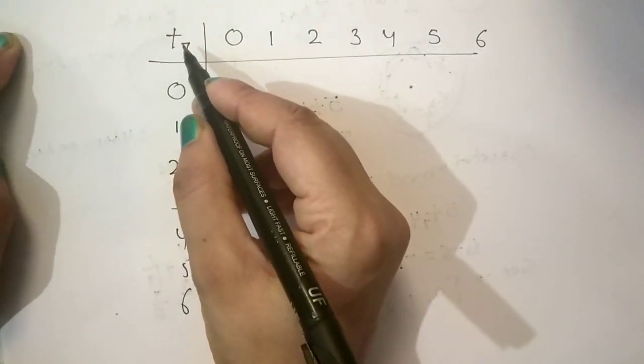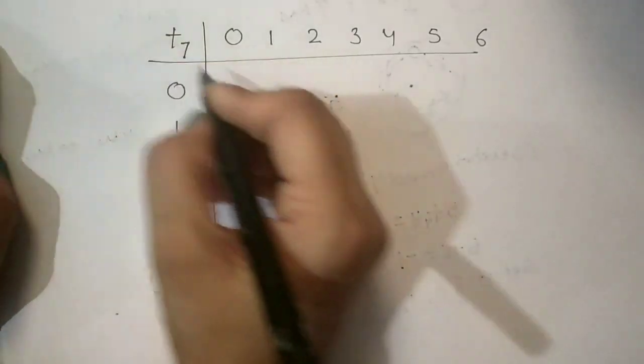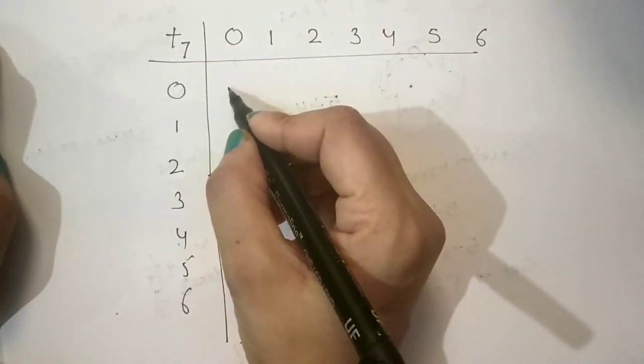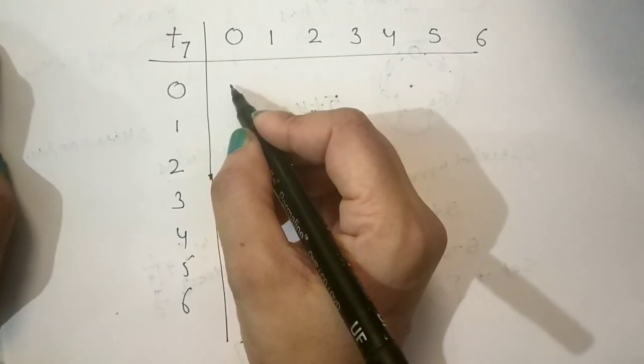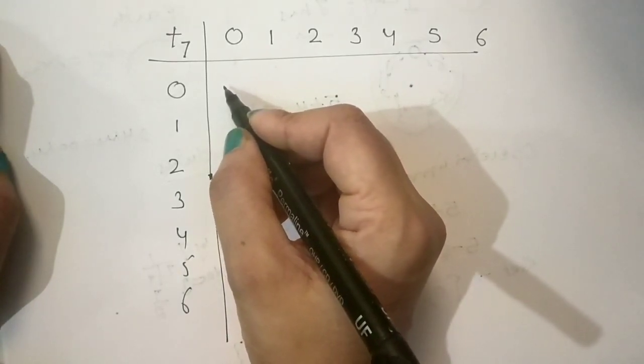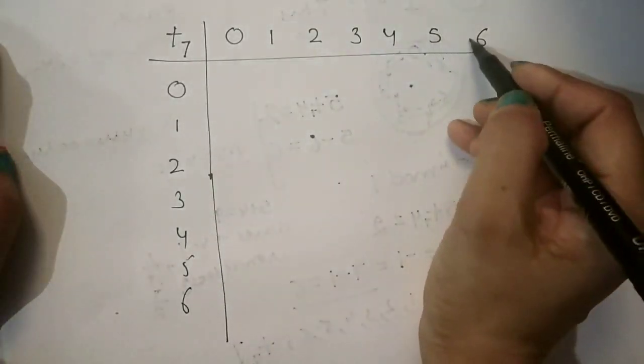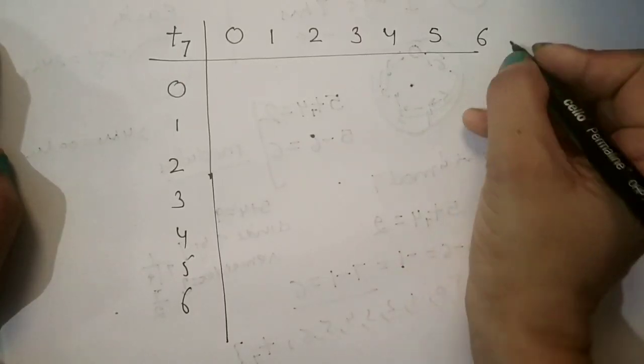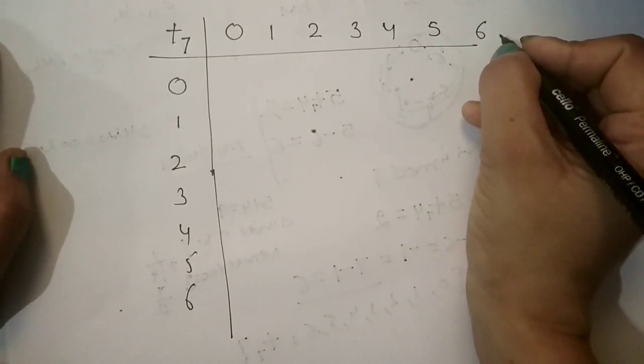Addition modulo 7 works like this: when you add two elements, you write their sum if the sum is less than or equal to 6, because the set goes up to 6. If the sum is more than 6, then you have to write the remainder.